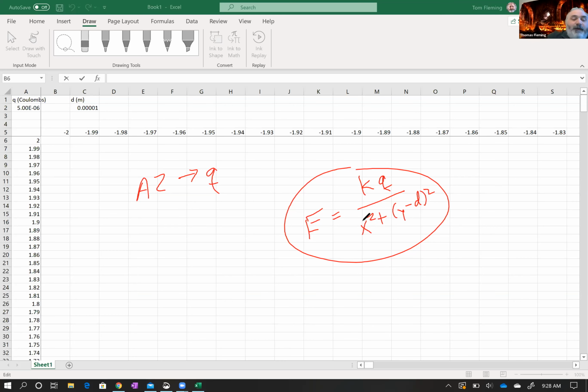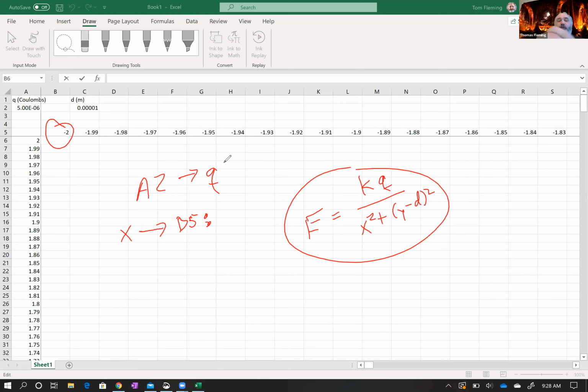So I'm going to take x, and everywhere I see an x, I'm going to replace it with the first cell that has one of my x's in it, which is up here in B5, colon, the very last cell that has one of my x's in it.